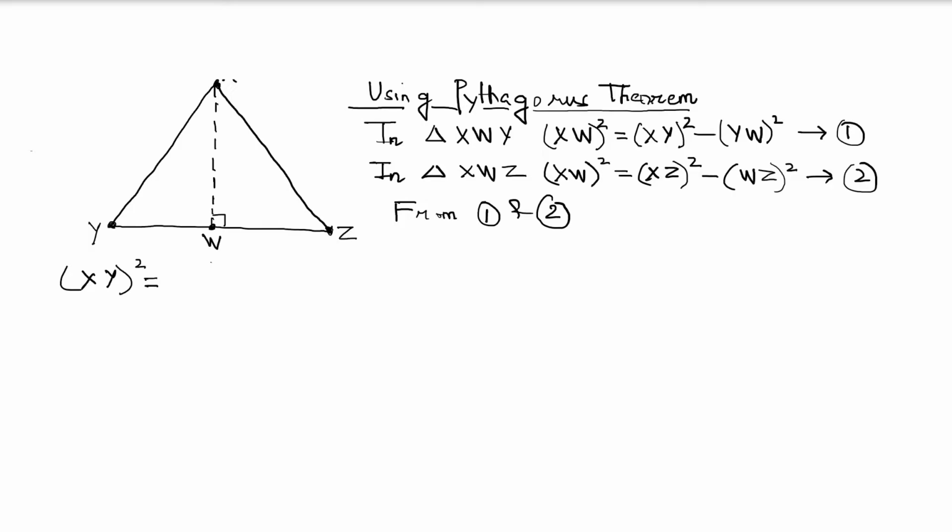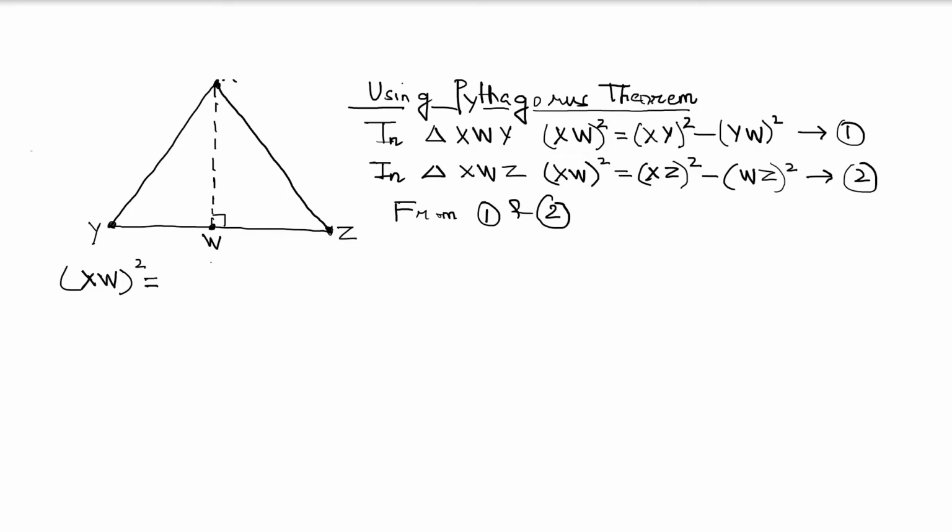xw whole square, let me correct this. So this is xw whole square. So let me rewrite this. Xw whole square can be written as xy whole square minus.